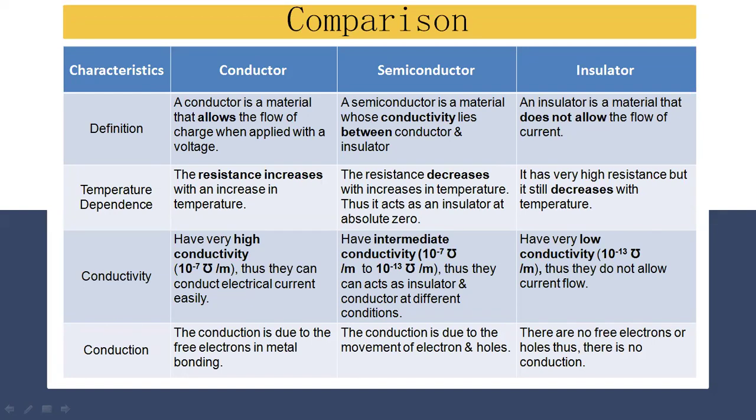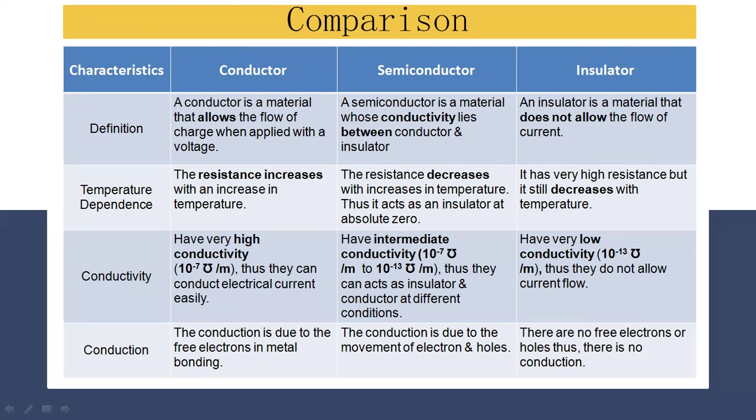Based on temperature dependence, the resistance increases with temperature in a conductor, whereas in the other two, the resistance decreases with an increase in temperature. If we talk about conductivity, we have very high conductivity in a conductor, an intermediate conductivity in a semiconductor, and no or very low conductivity in an insulator.